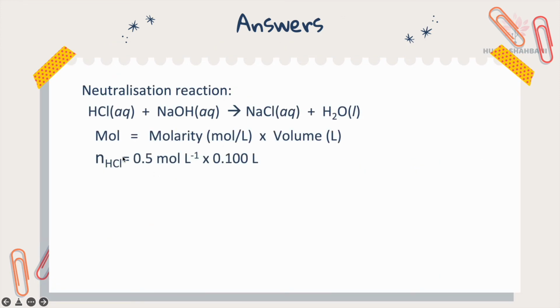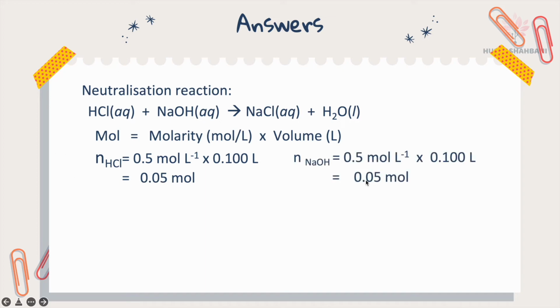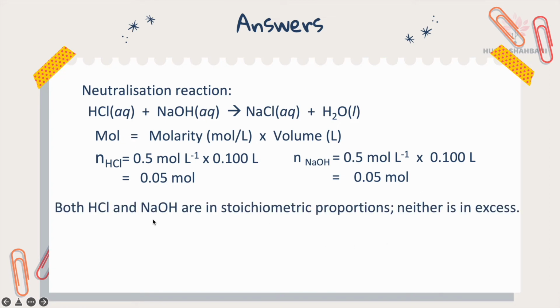Molarity times the volume, the HCl number of mole is 0.05 mole, and the NaOH is also 0.05 because the molarity is the same, the volume is also the same. So both number of moles are the same. So when 0.05 mole HCl, 0.05 mole of sodium hydroxide, neither is in excess.